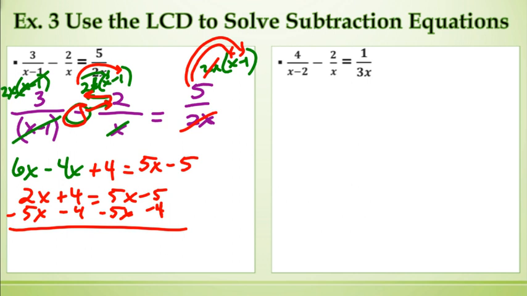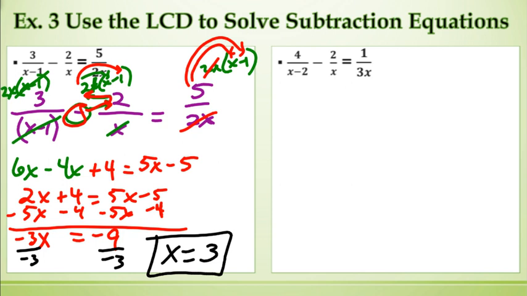So now I have a negative 3x equals a negative 9. To get x by itself, divide by negative 3. X will equal a positive 3. That would be my answer.